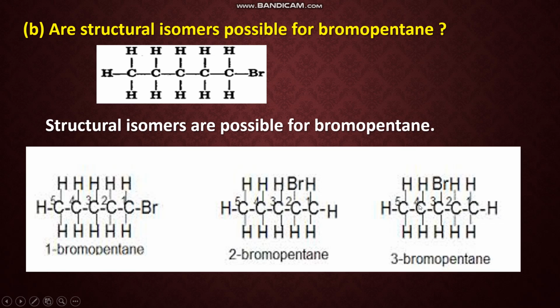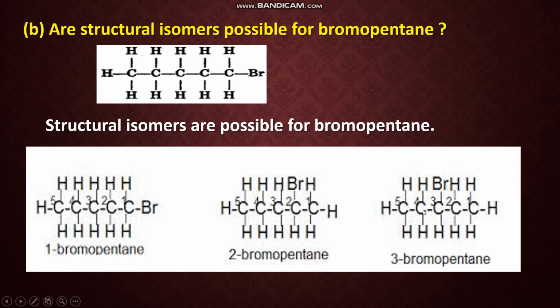No. I have told you already that to name such compounds which have a functional group, we have to number from one end in such a way that the carbon attached to the functional group has the least number. If we attach the bromine here, the numbering has to start from here. From here you start, the number is 4. From here we start, the number is 2.